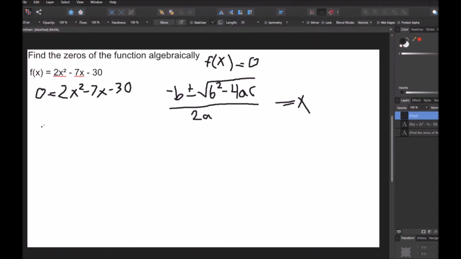So I'm going to do negative b, it's really the opposite of b. So the opposite of negative 7 is 7. Then we have plus or minus the square root of negative 7 squared minus 4 times 2 times negative 30.